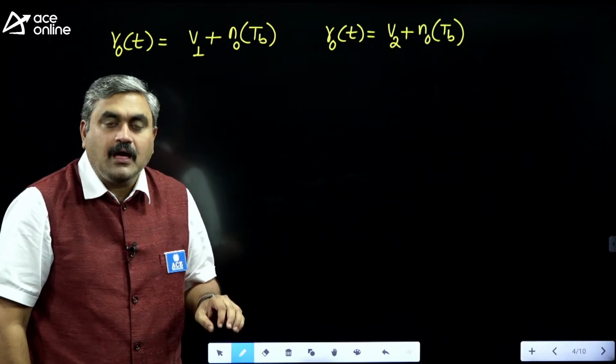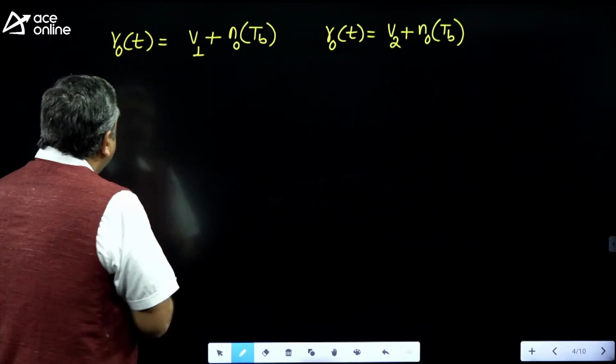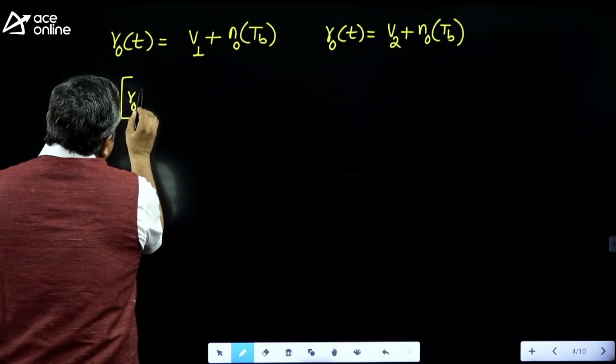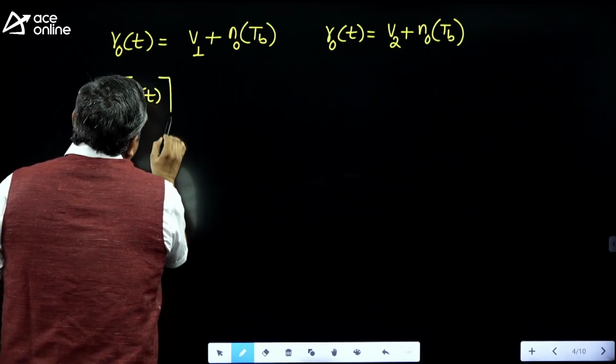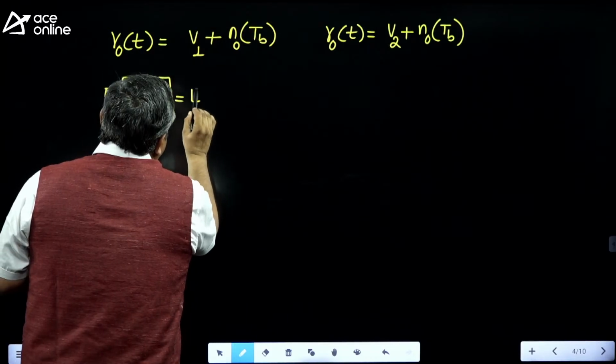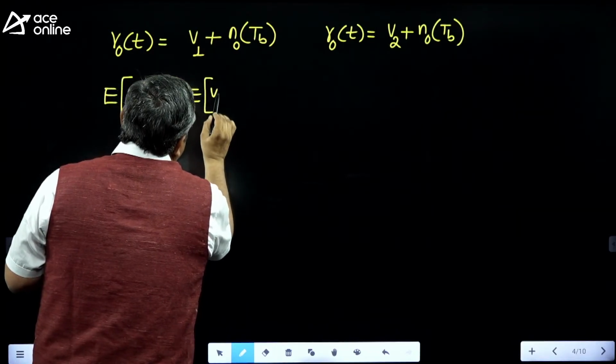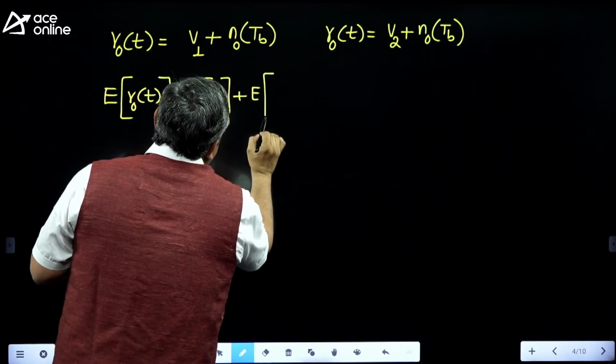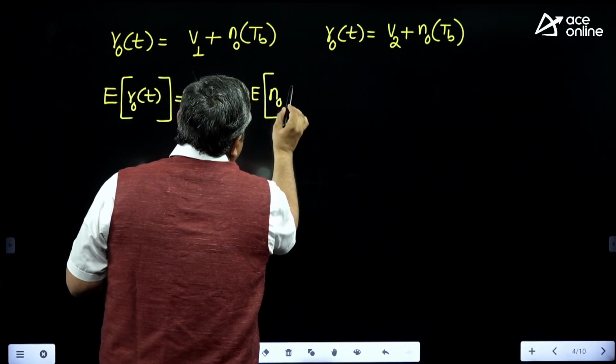Now, if you take the expectation of this signal, what is the expectation of R0 of t? This should be equal to the expectation of V1 plus the expectation of N0 of Tb.